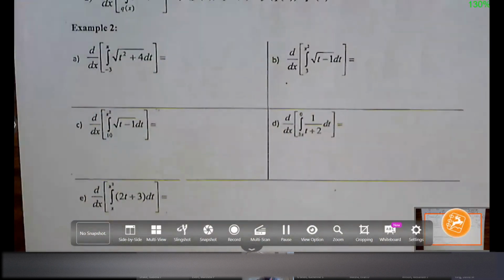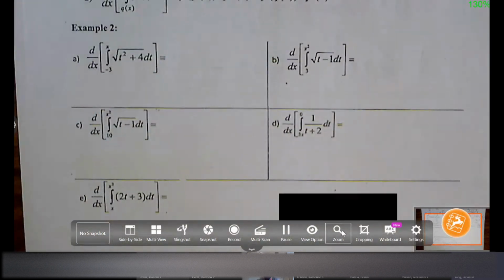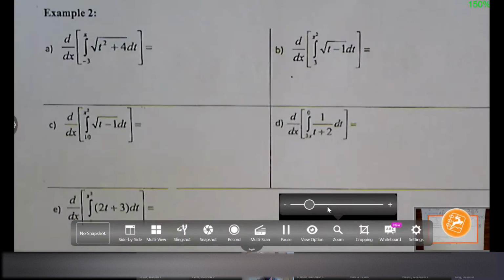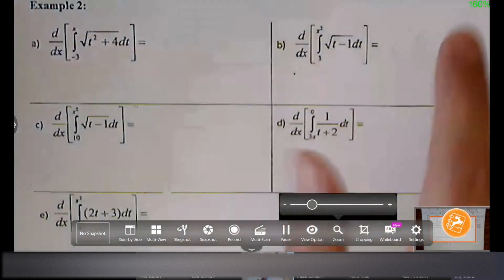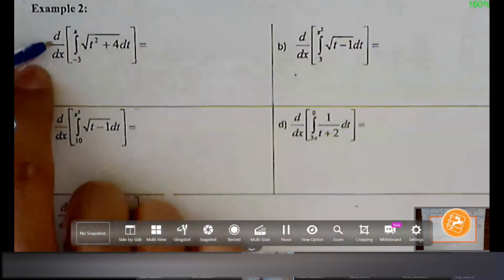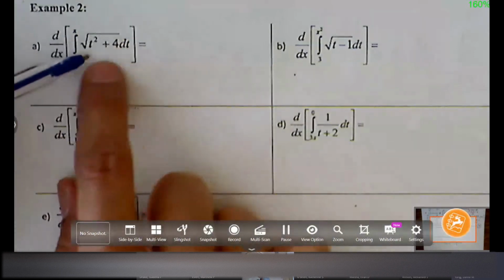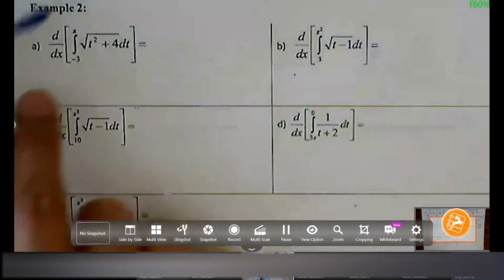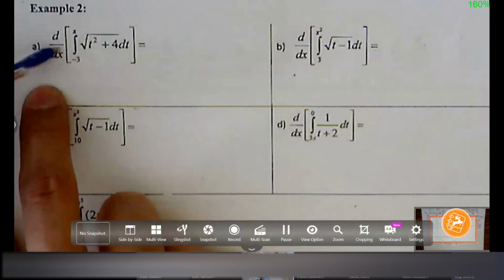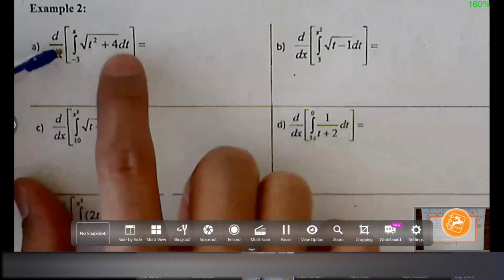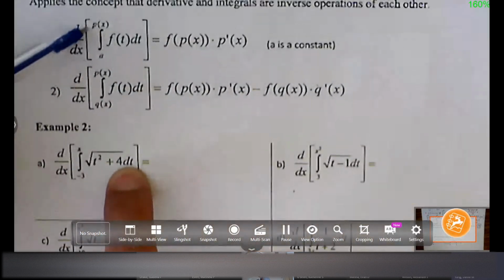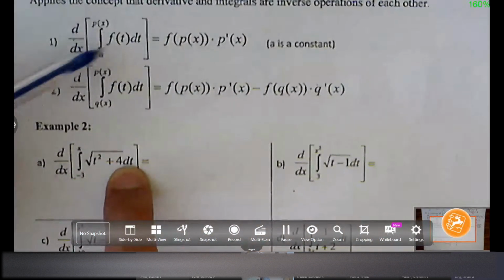So let me zoom in a little bit here. Example 2: we're going to find the derivative of a definite integral of the square root of t squared plus 4, with upper bound x. This looks like a whole lot of things to do, but these are opposing operations. So the only thing that's going to happen is we're going to plug the upper bound into the variable.